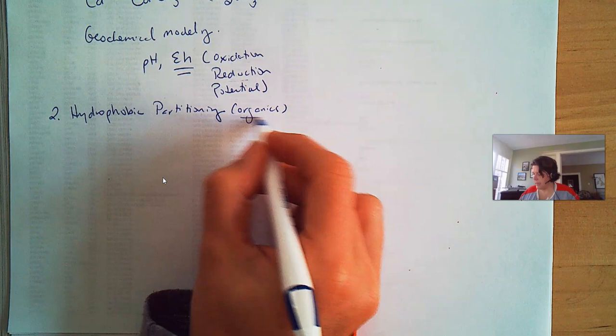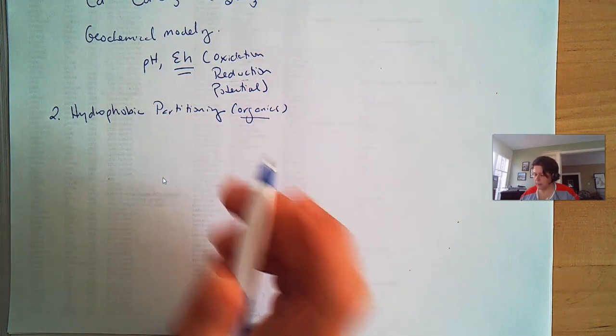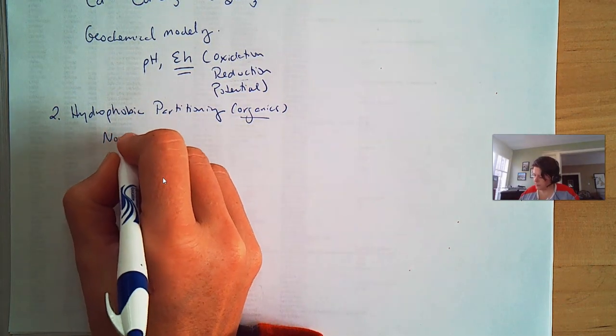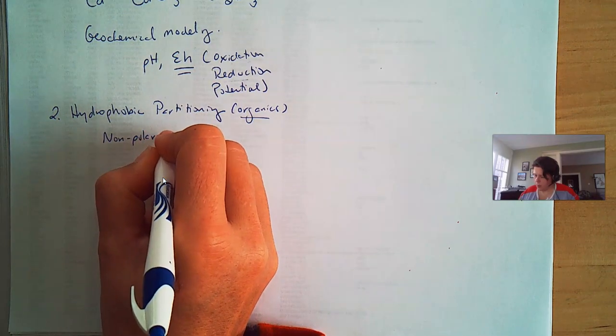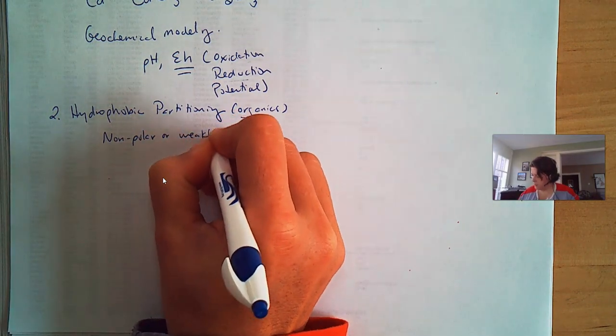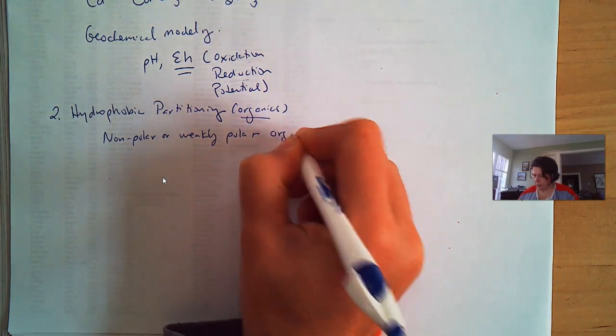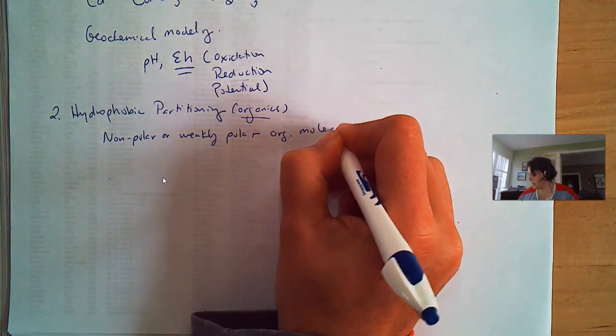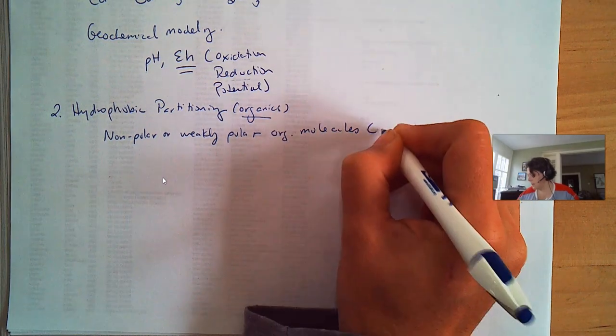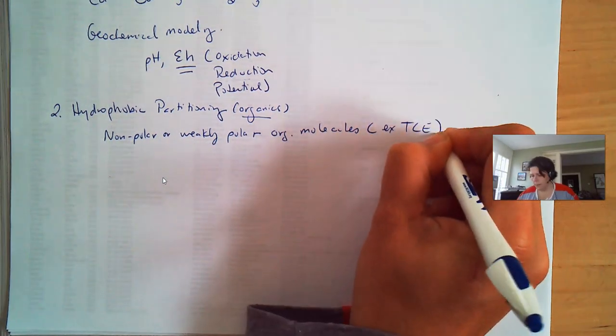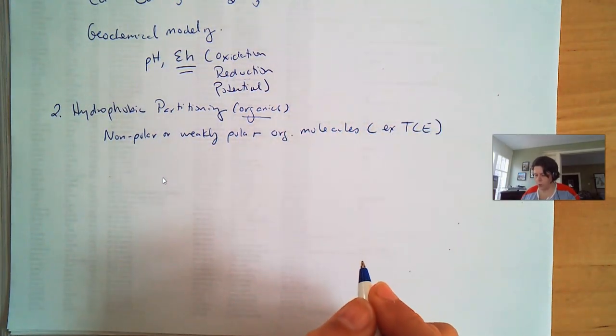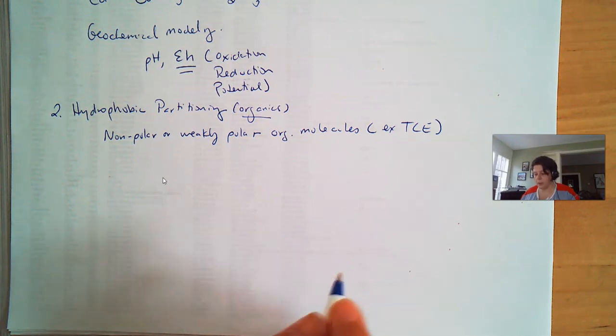But when we have organic compounds, we have nonpolar or weakly polar organic molecules, and an example of this is TCE. They tend to be hydrophobic. That is, they tend to partition from solution into the solid organic matter of the soil.